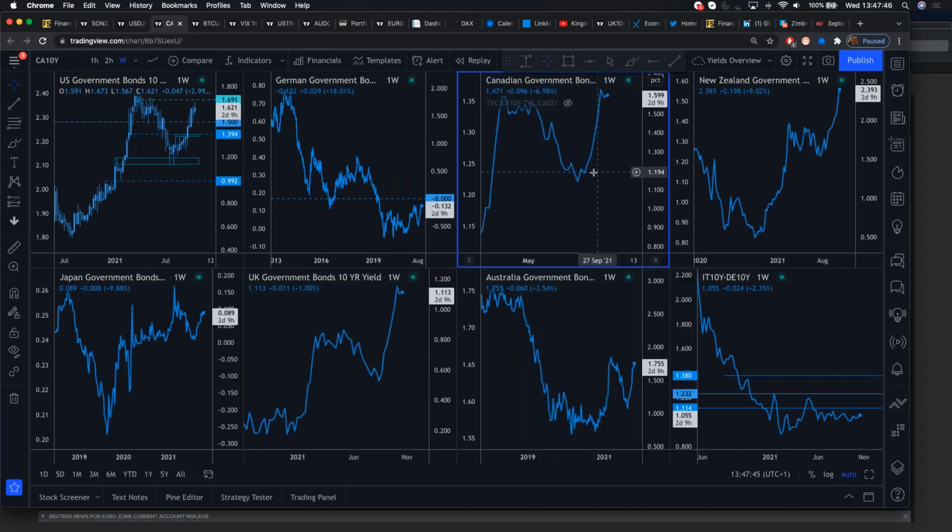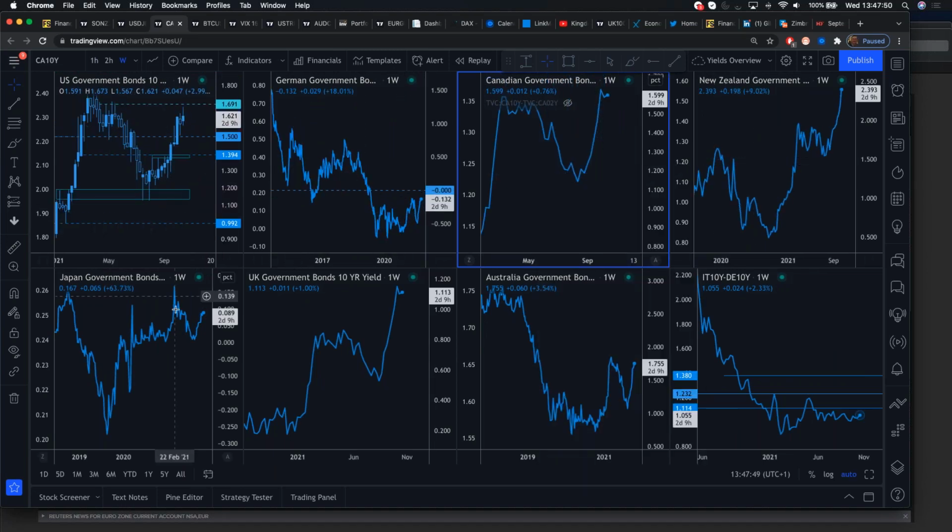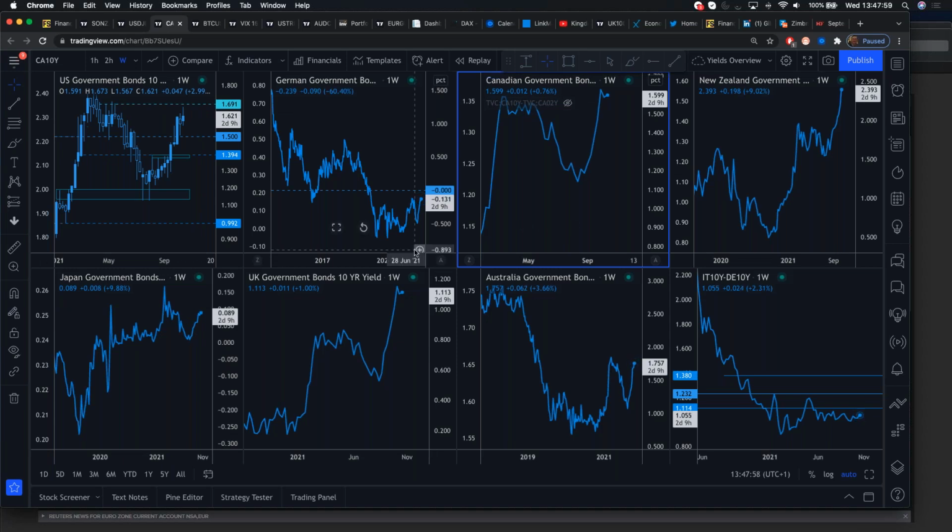Now, what do you notice? You can see that yields are moving higher across the board, but not in Japan. Now, why are yields moving higher across the board? It's because of this. Investors are expecting high inflation to mean central banks around the world raise interest rates to address the high inflation.